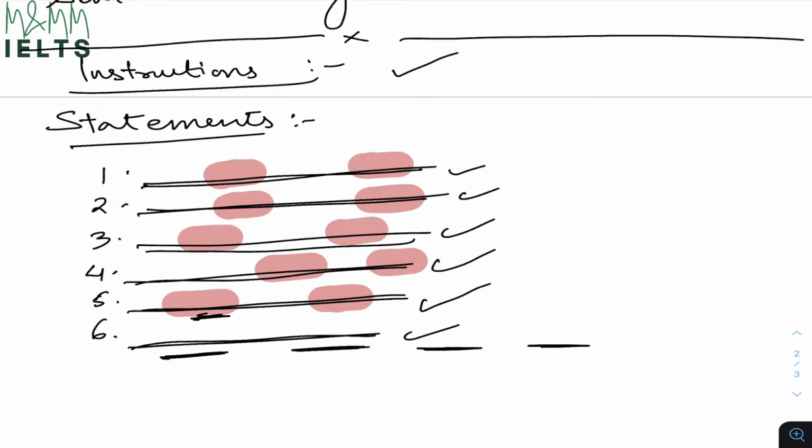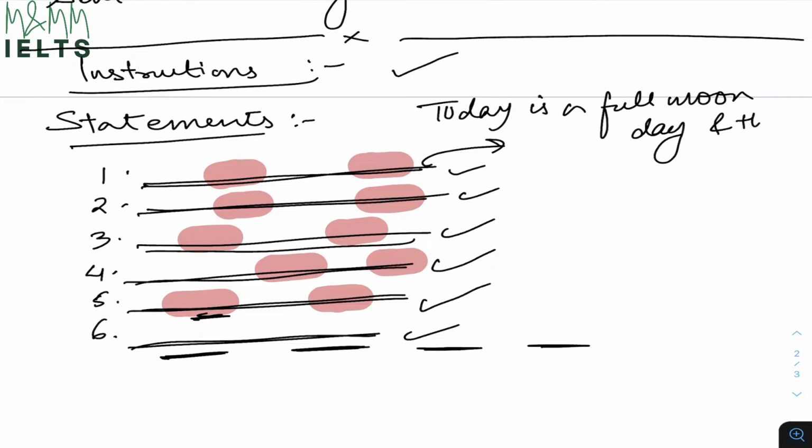Now, one more thing that you keep in mind is, let's say this sentence says, today is a full moon day and the sky is clear. Let's say the sentence is something like this. Now, what do you think is important in this sentence? Let's start marking. Full moon, sky, clear.